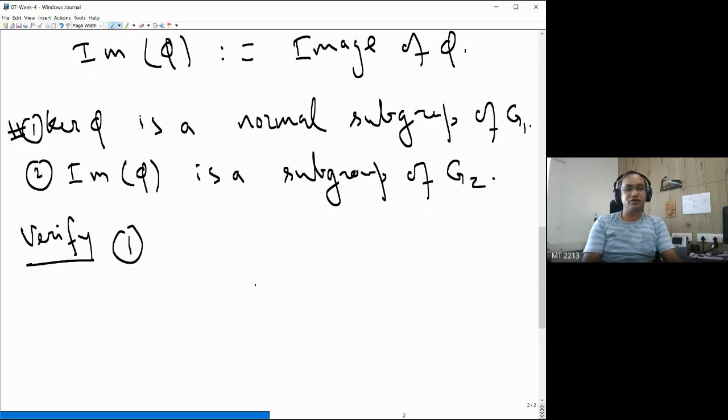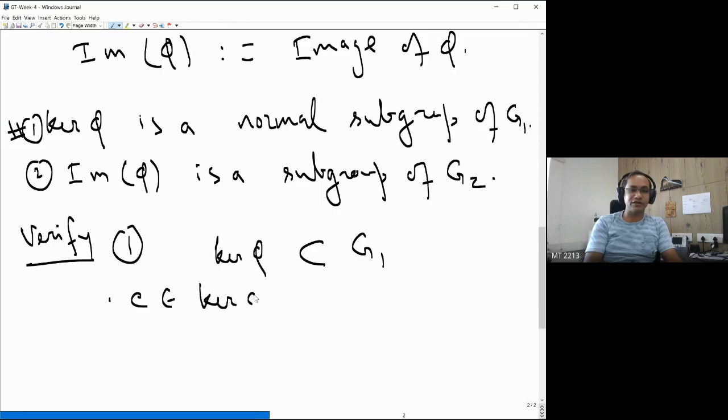What can we say about the kernel of phi? The kernel of phi is certainly a subset of G1. We already checked that the identity belongs to the kernel of phi, because the identity goes to the identity under a group homomorphism. And we need to show that if I have two elements x, y in the kernel of phi, then x times y also belongs to the kernel of phi.